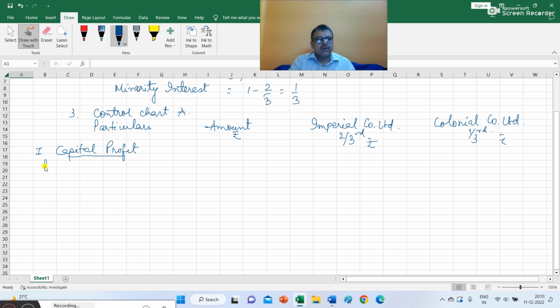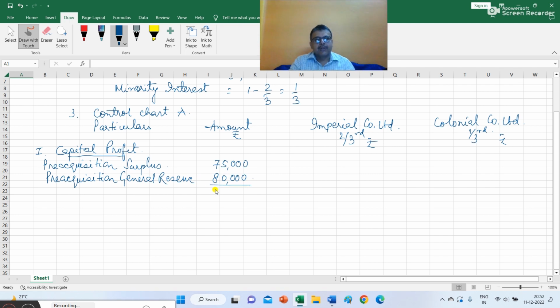The balance of pre-acquisition surplus, as given in the question, on the date of acquisition, Colonial Company Limited was having a surplus of 75,000, and pre-acquisition general reserve was rupees 80,000.